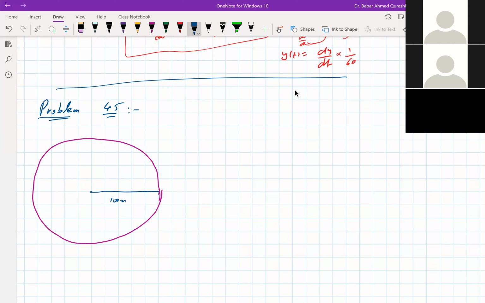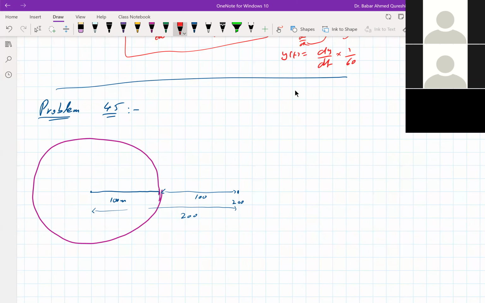So I can draw the straight line from the center to the friend and call that the x-axis. So this distance is 100, and this is 200. How fast is the distance between the friend and the runner changing when the distance between them is 200 meter?